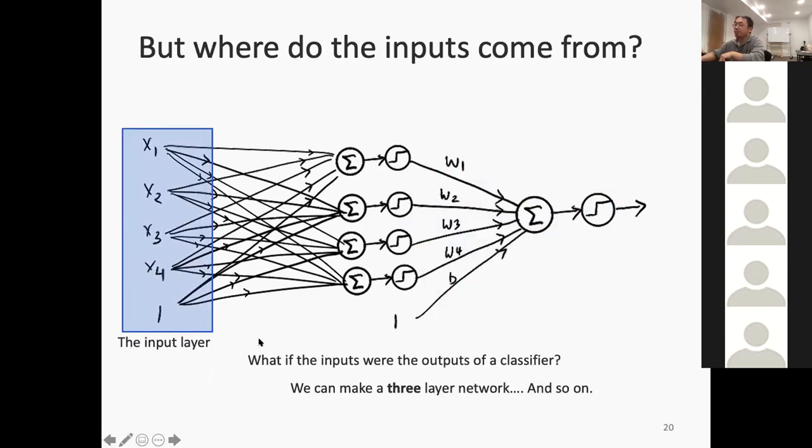So if we want to further increase the expressiveness of this neural network, what we can do is replace the input node in the input layer by the output of another linear threshold unit. By doing so, we can make a 3-layer network, right?